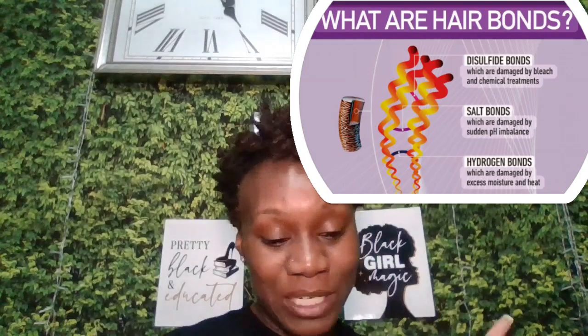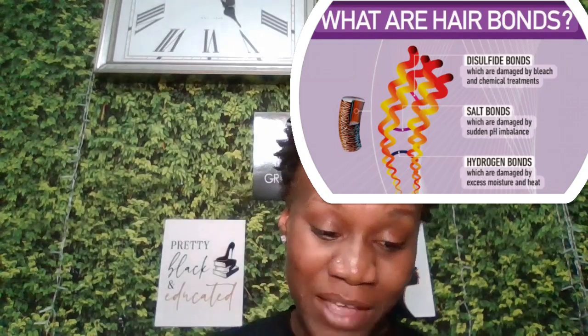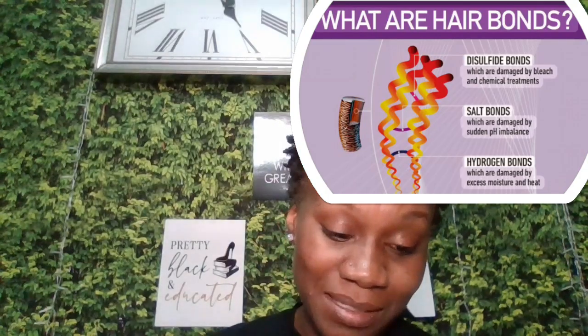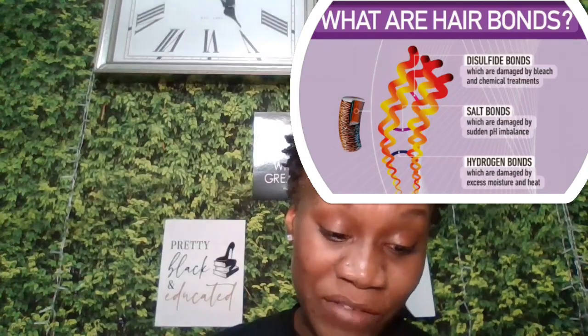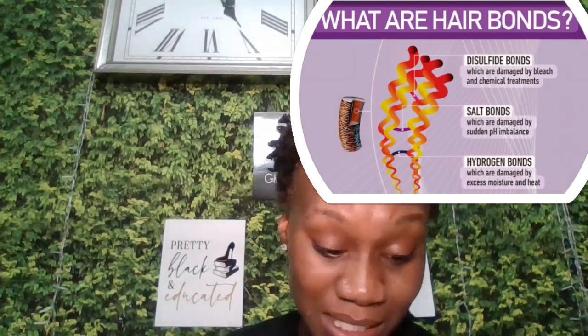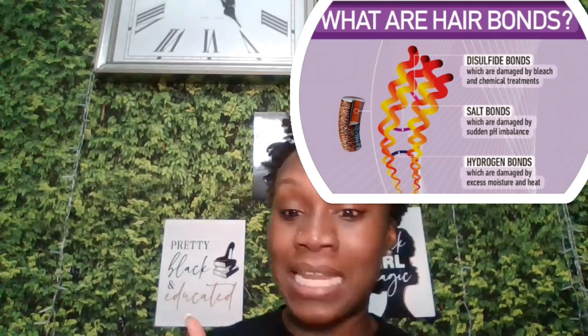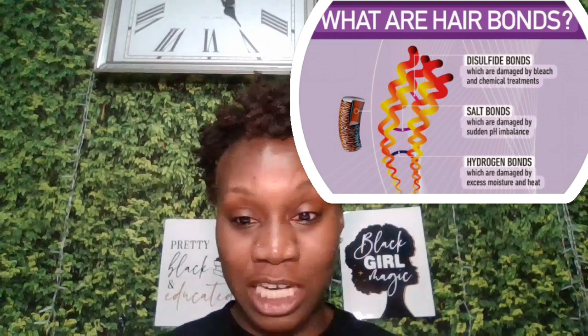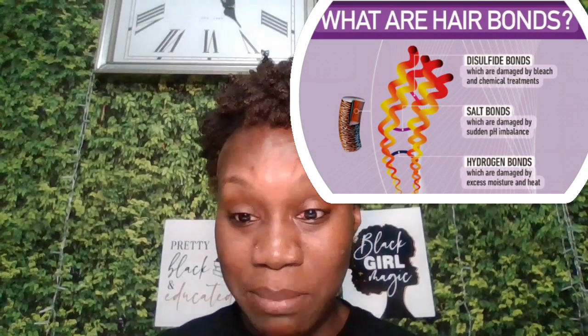So we have three types of hair bonds. We have disulfide, I think I'm saying that right. Disulfide bonds, salt bonds, and hydrogen bonds. I'm going to type this in the chat because I probably am saying it wrong.